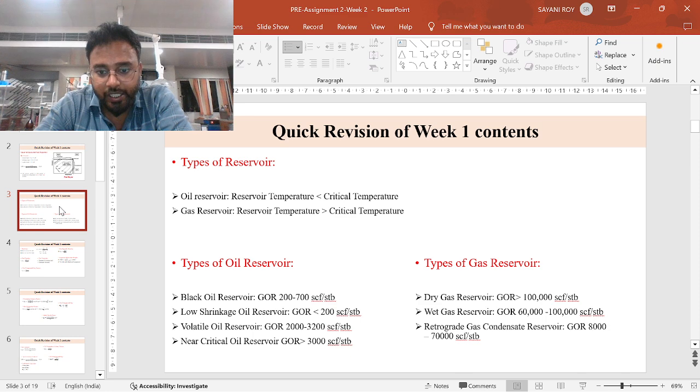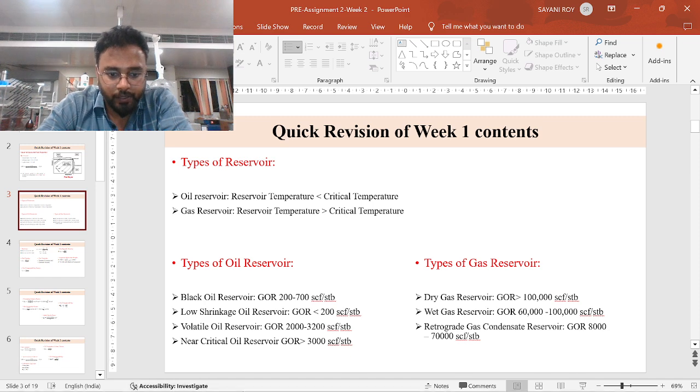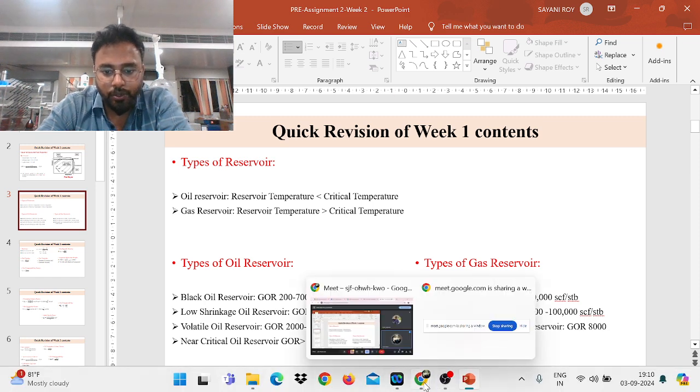For the gas reservoirs, for dry gas reservoir, the gas oil ratio is more than 100,000 SCF per STB. For wet gas reservoir, it is between 60,000 and 100,000 SCF per STB. And for retrograde condensate reservoir, the GOR ranges from 8,000 to 70,000 SCF per STB. You can note this down.